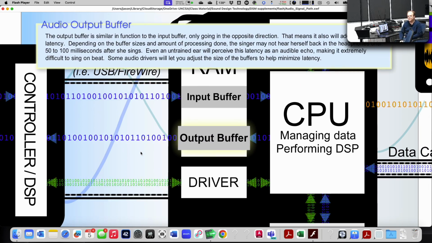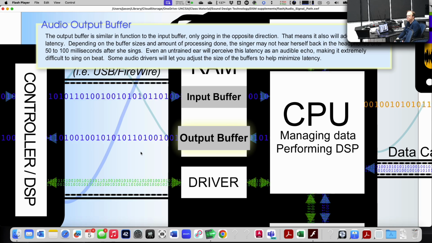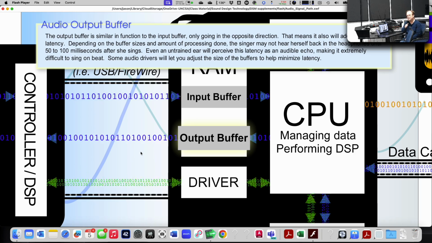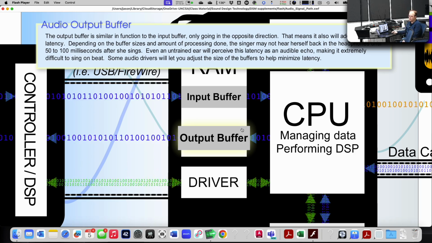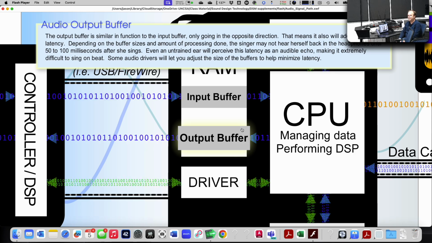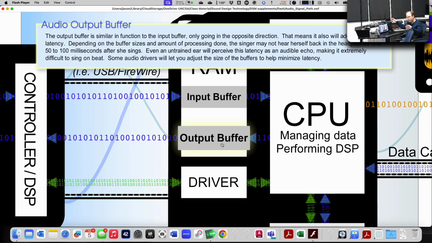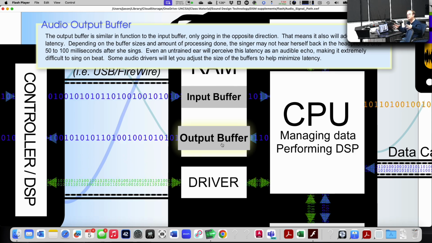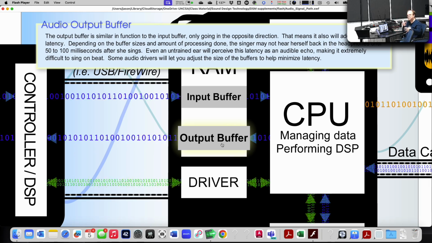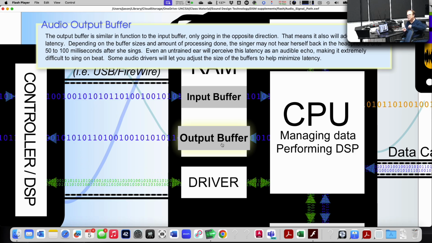For all the same reasons it needs an input buffer, it also needs an output buffer because it's now going to create this continuous stream of audio that you're going to listen to, and you don't ever want that to be interrupted. But the CPU is thinking about a lot of things at one time, and it's not always thinking about that audio stream, so it needs to take a break every once in a while. And so it makes a buffer where all that audio builds up, and hopefully it just keeps feeding into the buffer as fast as it's getting pulled out of the buffer.